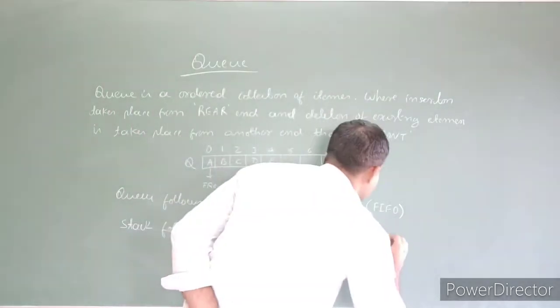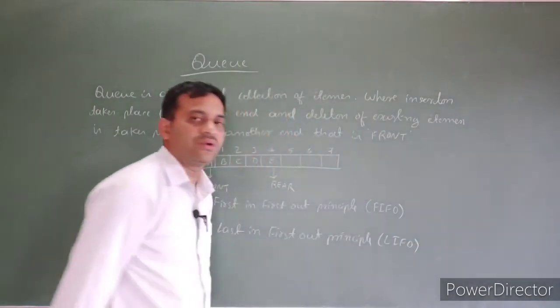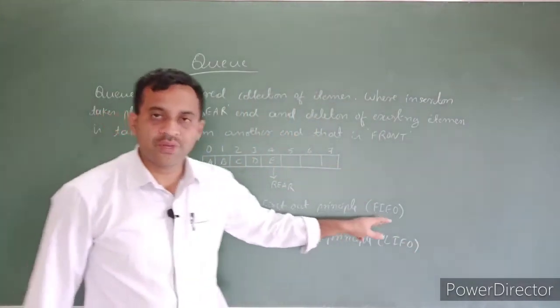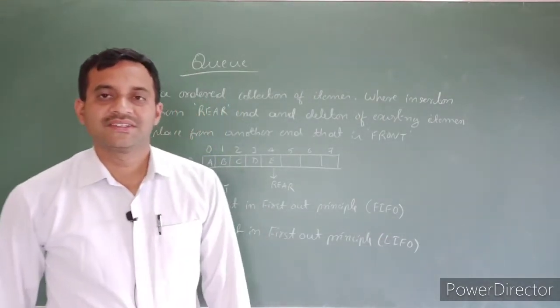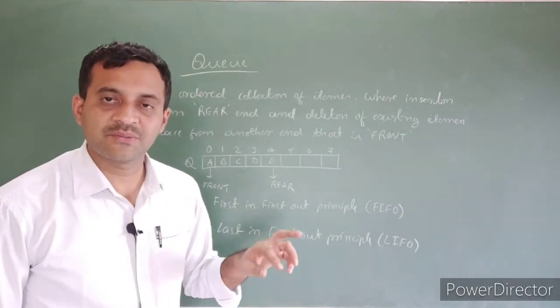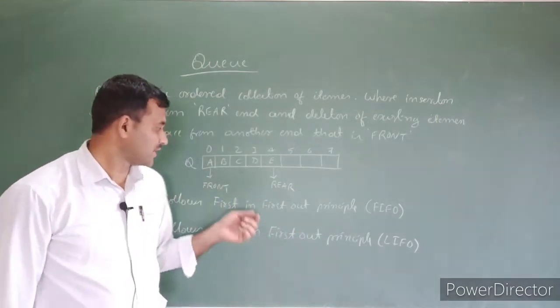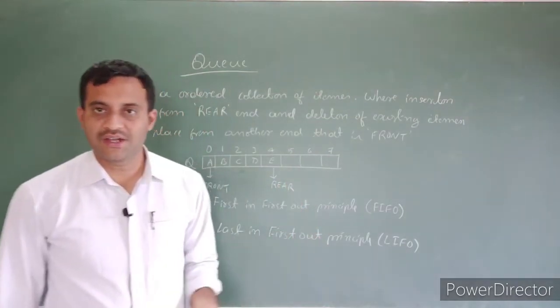That is, we call it LIFO. Queue follows FIFO principle, then stack follows LIFO principle. So in LIFO, last in, first out, because insertion and deletion takes place from the same end. But in a queue, insertion and deletion takes place from different ends.